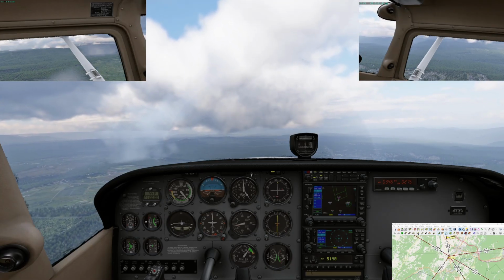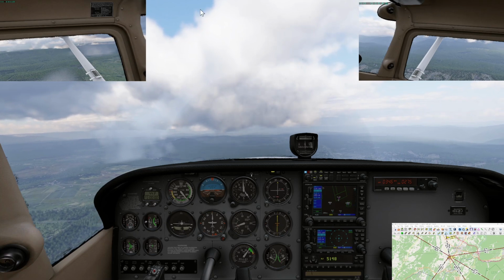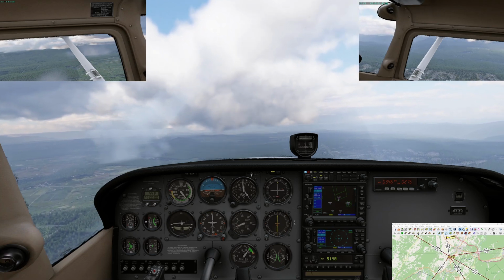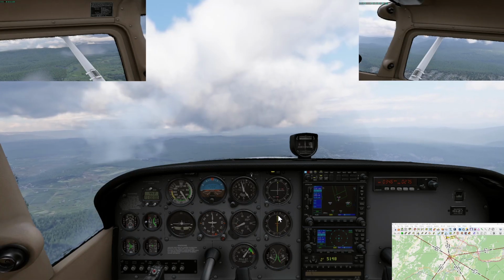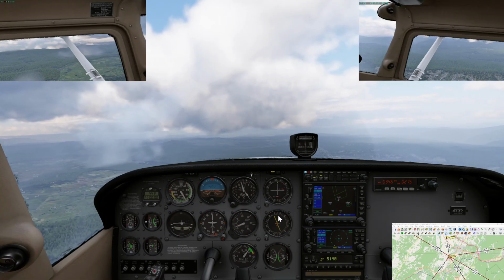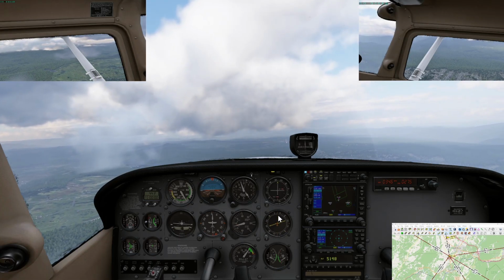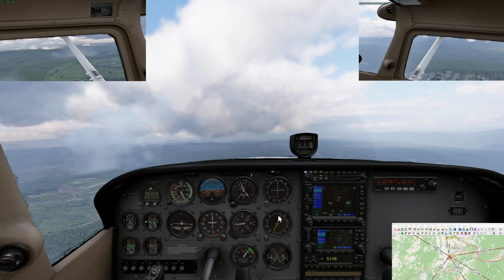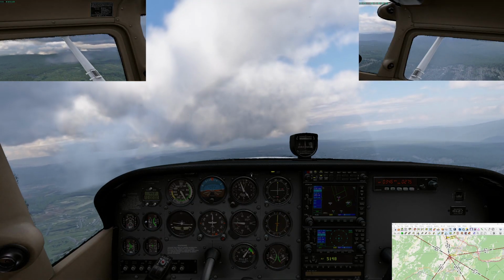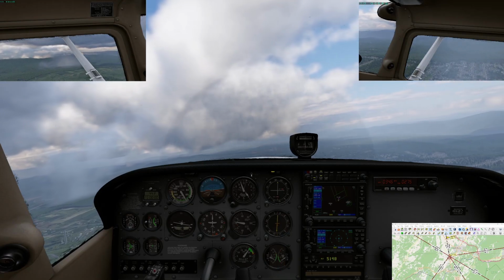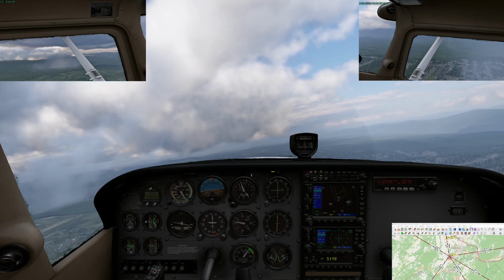This is down at this point. Right over top. It's our inbound course, 045. This is the heading for 045 on our heading indicator.